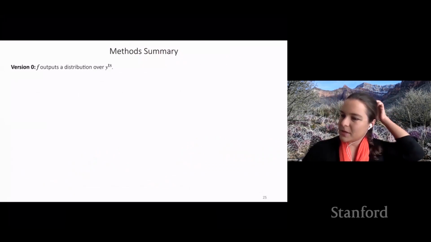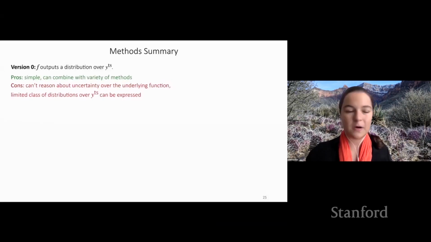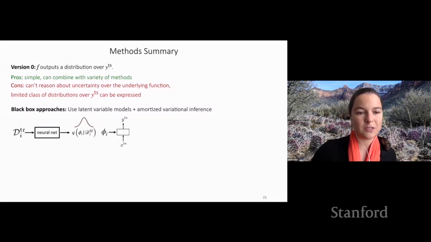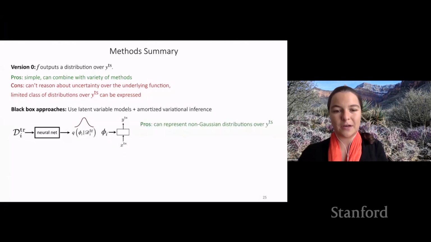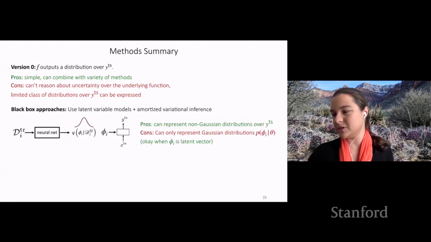Okay, so to summarize the methods, V0 is just outputting a distribution over Y test, which is simple but can't reason about uncertainty over the underlying function. We then talked about black box approaches that can use variational inference to represent a distribution over a latent variable. This can represent non-Gaussian distributions, but it can only represent Gaussian distributions over phi i.